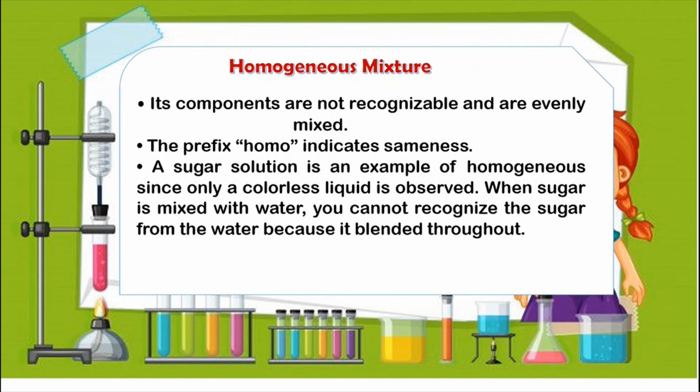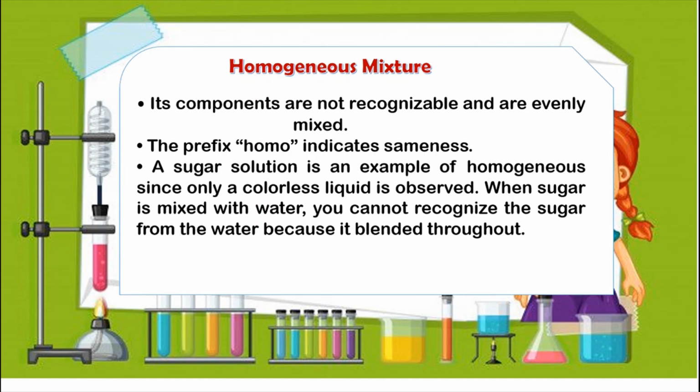So, mahimo na siya isa. A sugar solution is an example of homogeneous. Based on our experiment kaganina, gihalo nato ang sugar ug ang water, no? So, ang tawag ana kay di naman nato makita ang sugar paghalo-halo nato sa water. So, nahimo na siya og homogeneous.